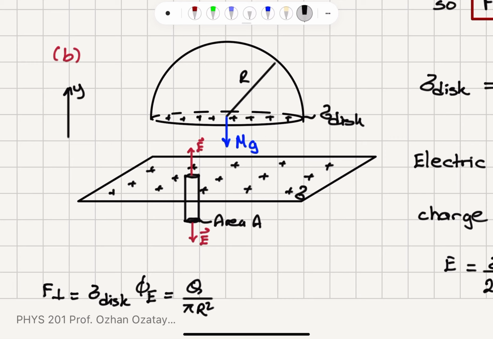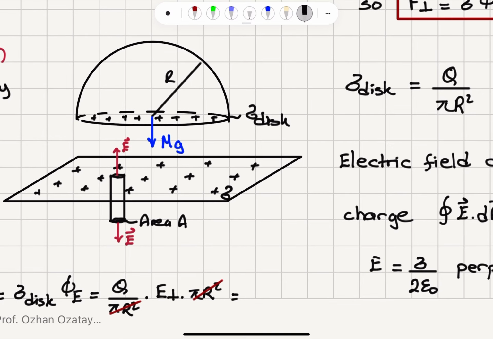That's the areal charge density. Electric flux is the perpendicular component of the electric field multiplied by the area, pi r squared. So these pi r squares will cancel out, and I will have Q multiplied with E perpendicular, which is Q multiplied with sigma over 2 epsilon 0. So it's going to be sigma Q divided by 2 epsilon 0.